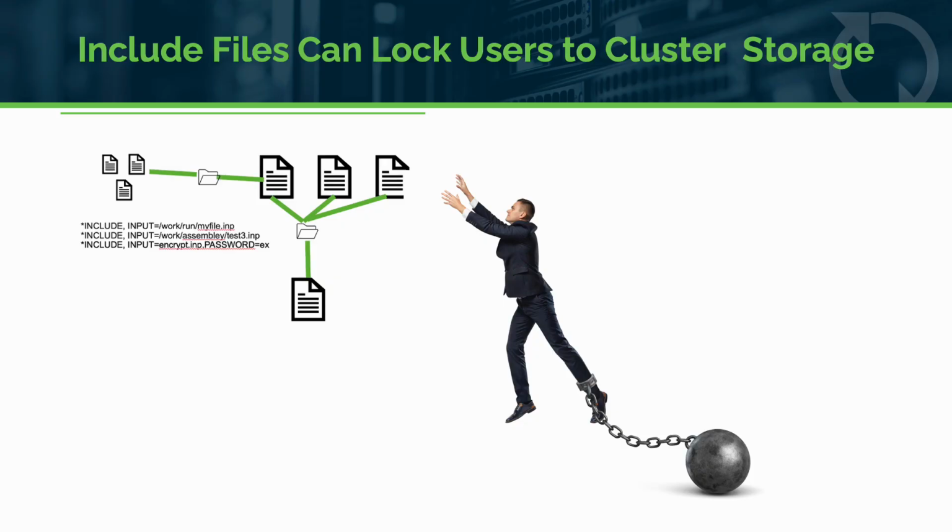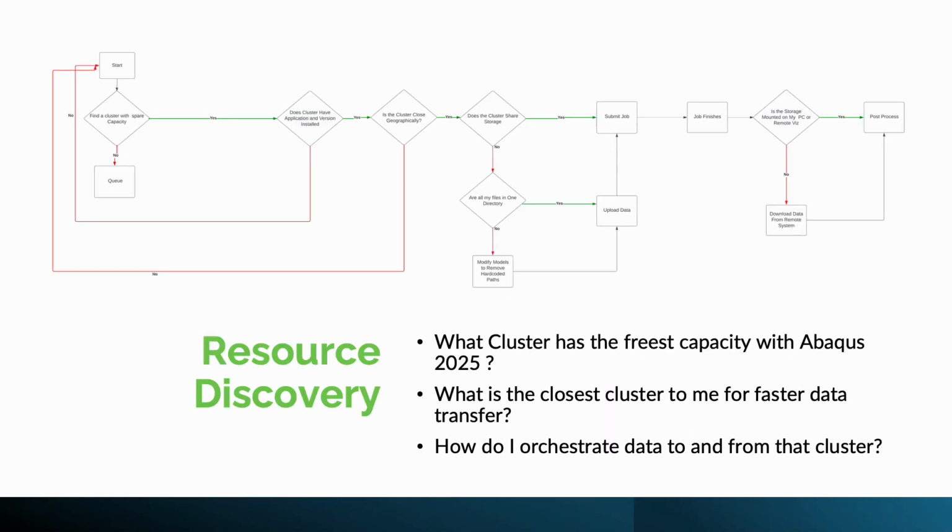So where's all this stuff located? It's just overwhelming. So what TotalCAE does is we have a tool that we'll show a little bit later that lets you unshackle from this problem. We find the include files, we gather them in, and we make them portable for you.